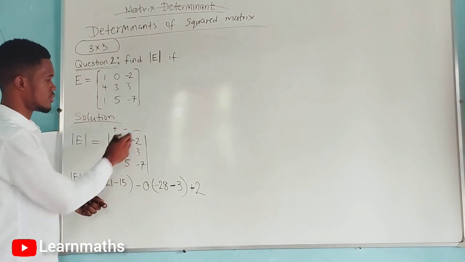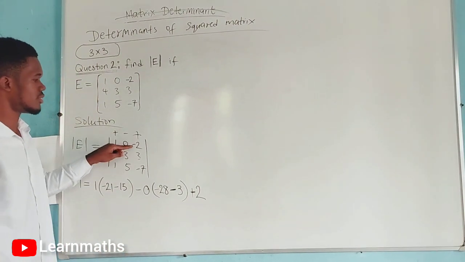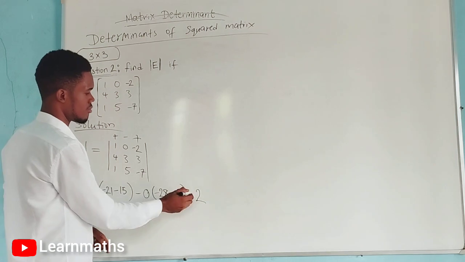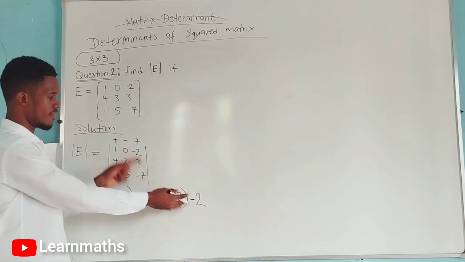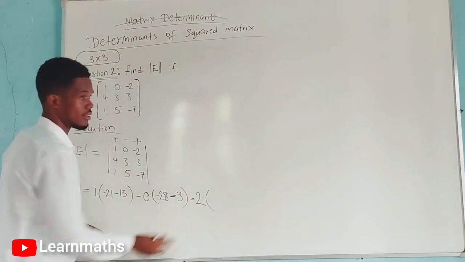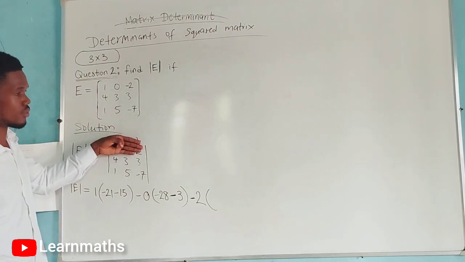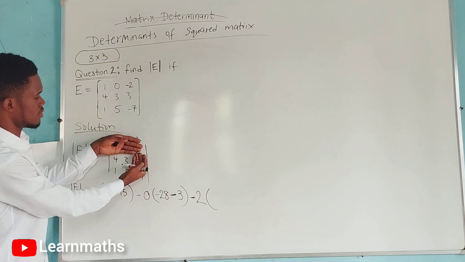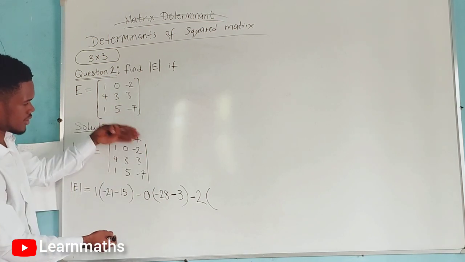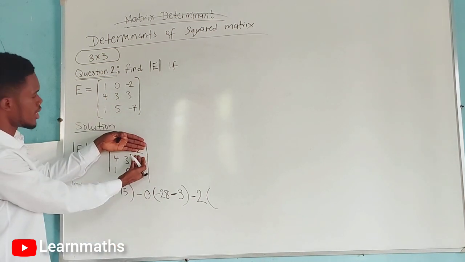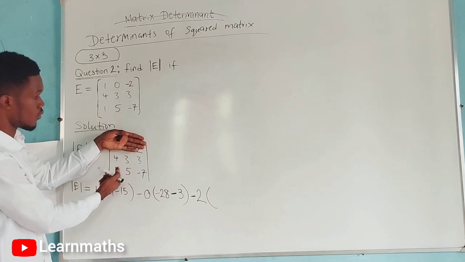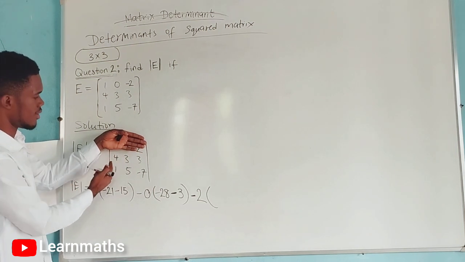But since we have plus meeting minus, it results in minus, so we have negative 2 here. Then this number is located at the first row, last column. So if I cover the first row and the last column, I'm going to have 4, 3, 1, 5.